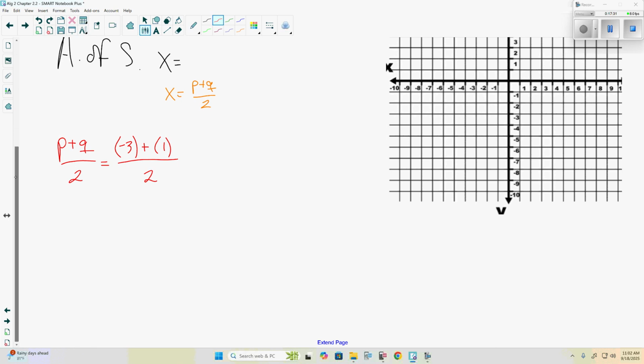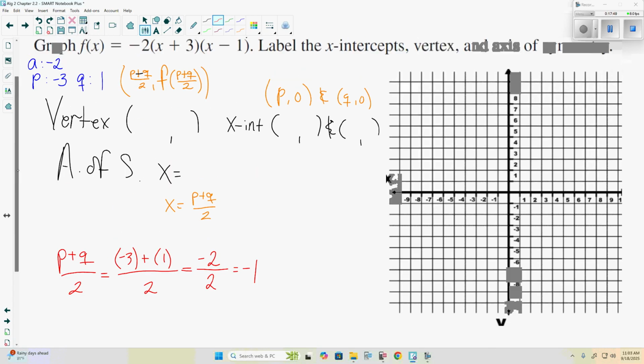Now at this point, we can plug this all into a calculator and let it do it for us, or we can do it by hand. -3 plus 1 is indeed -2 over 2, which is -1. So P plus Q over 2 is -1.